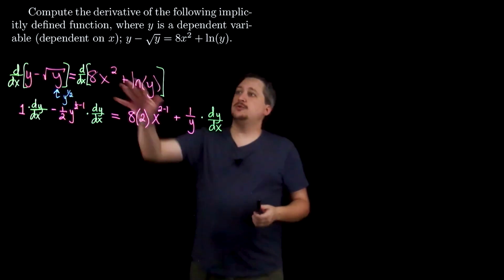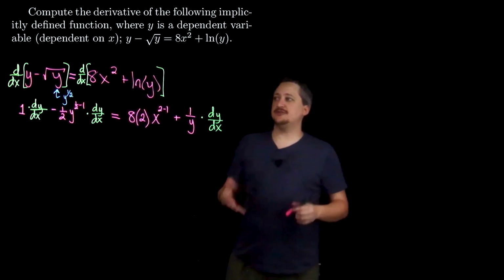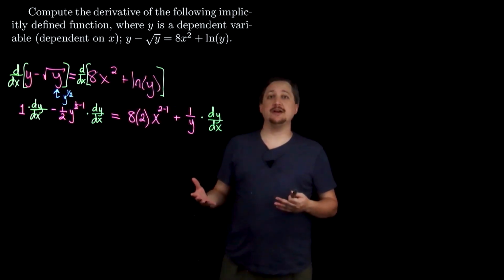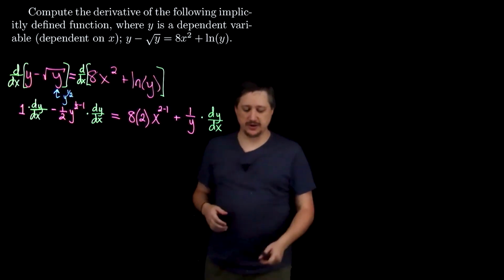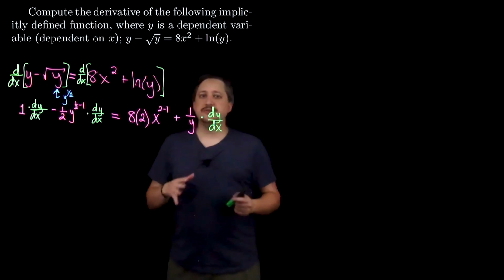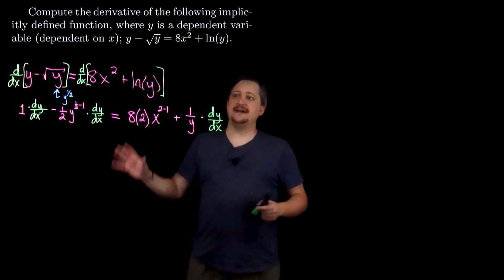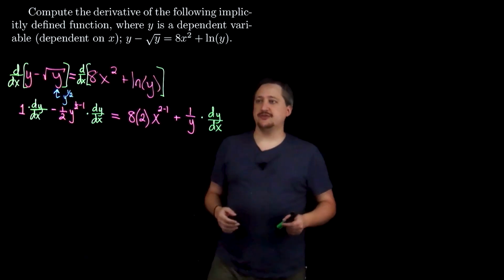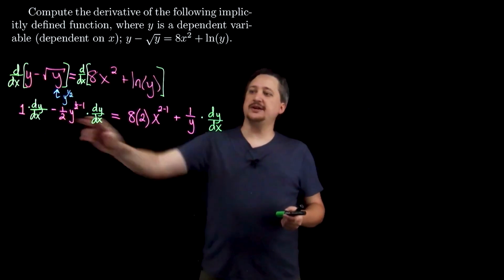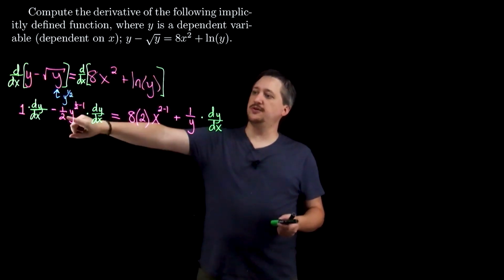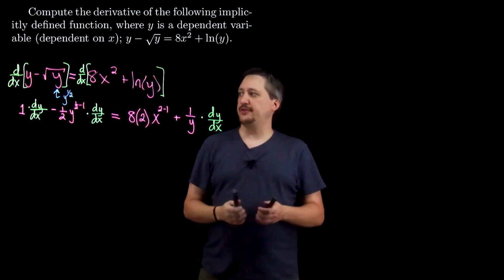Even though my original equation was defined implicitly, there's a good chance I can actually isolate dy/dx, so that's what I want to do here. I'm going to get all the dy/dx stuff on one side, and all the non-dy/dx stuff on the other side. Both of these have a dy/dx, as does that one. So I'm going to move this over, and then this will be the only thing left on the right.